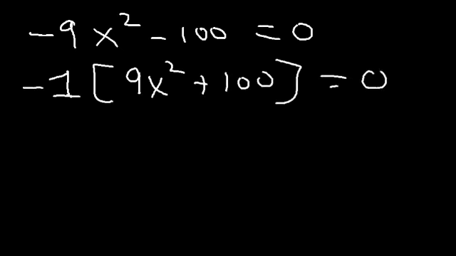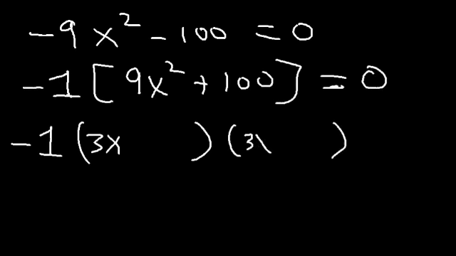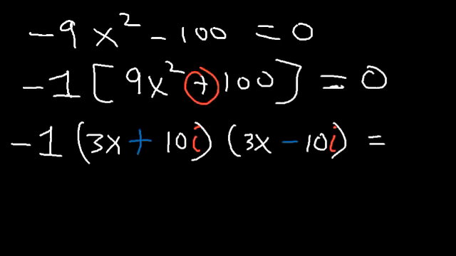So notice that we have the sum of perfect squares. 9 and 100 are perfect squares. The square root of 9x squared is 3x. The square root of 100 is 10. But it's going to be 10i, since we know we have the sum of perfect squares. So one is going to be positive and the other is going to be negative.